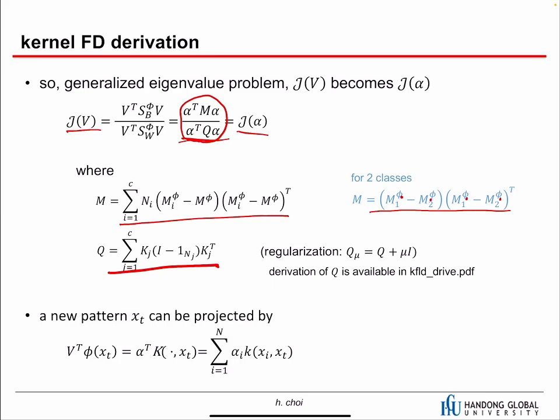Likewise here, except this phi, this one is quite the same as before. And the Q looks a little different, but it's a little complicated, so you can check this derivation of Q in this file. Okay, and then a new pattern x of t can be projected by this. It's basically the same as kernel PCA.